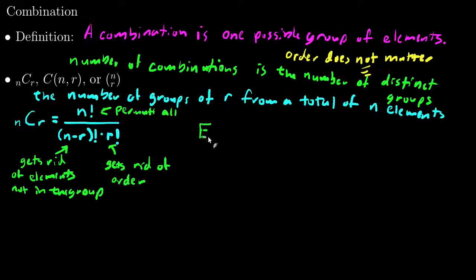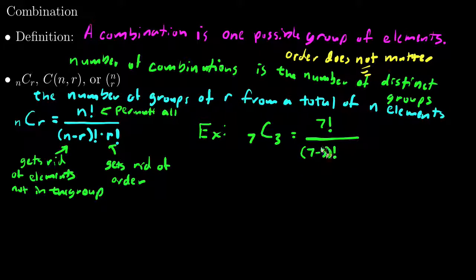So, a couple examples. Let's rewrite it in this one. 7C3 is going to be 7 factorial, and that's the way to line up 7 objects, over 7 minus 3 factorial.